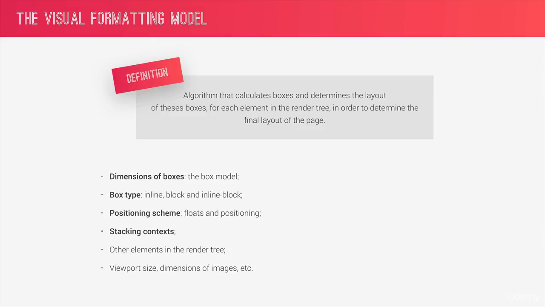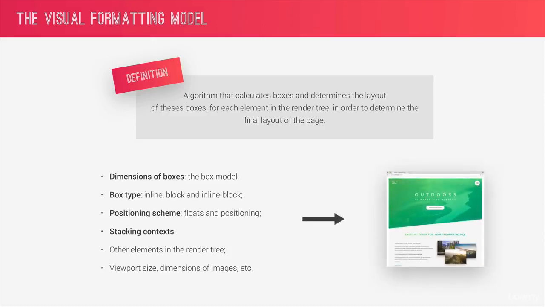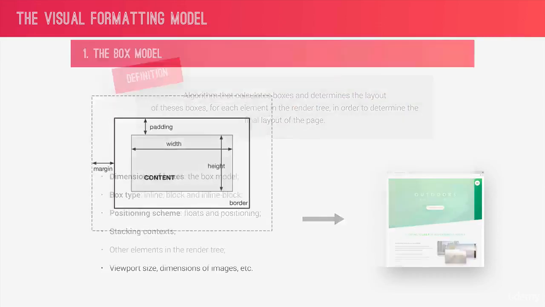So by putting all of these factors together, the browser figures out how the final website will look for the user. So let's now look at the first four of these factors in more detail.